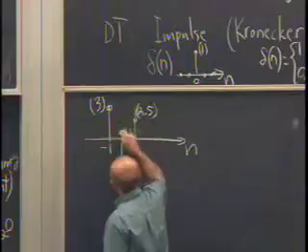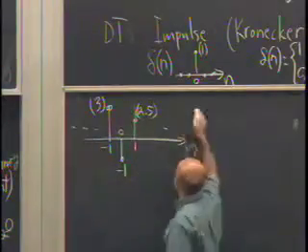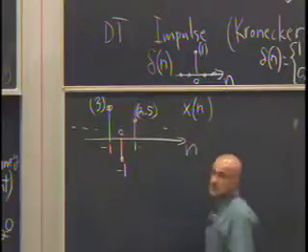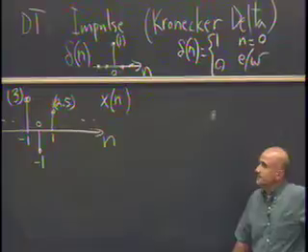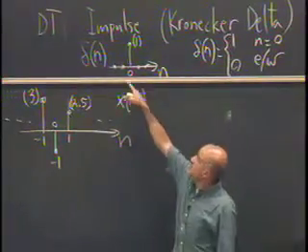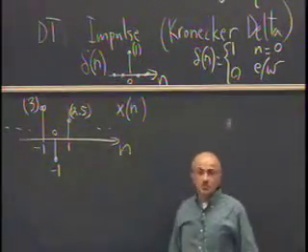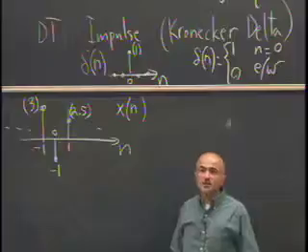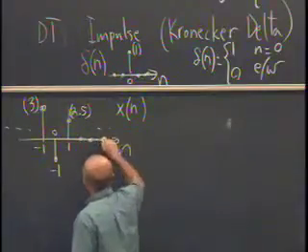So let's say this is minus 1, 0, 1. And it's got other values elsewhere. So let's say this is my discrete time signal, some arbitrary discrete time signal. I can write this as a linear combination of scaled and shifted versions of the impulse. How can I do that? Can you break this down? Let's say it's 0 everywhere else to make things simple.